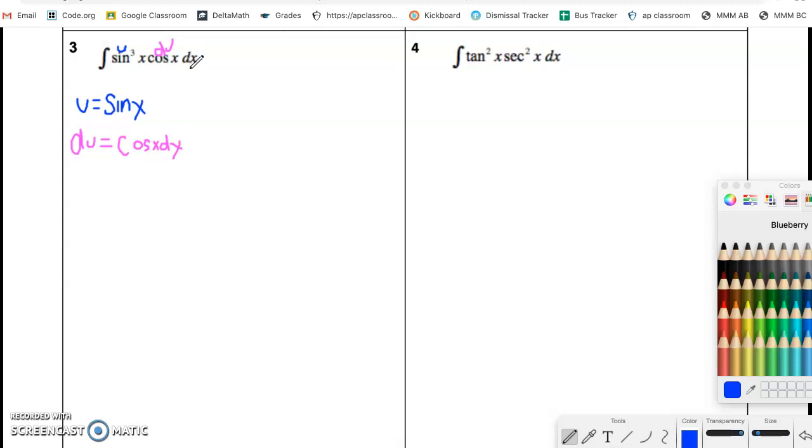So now when I rewrite this integral, it'll be the integral of u cubed, and this cosine x goes away, and it's just going to be du in its place.